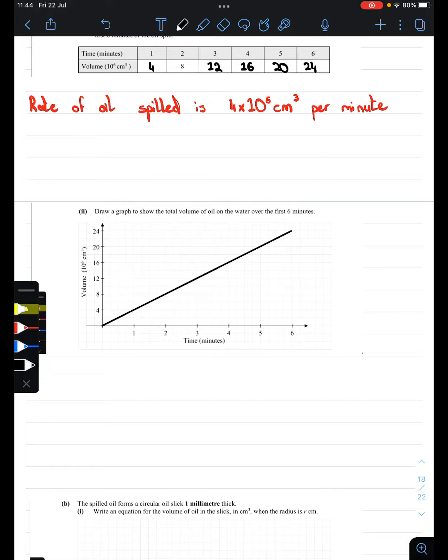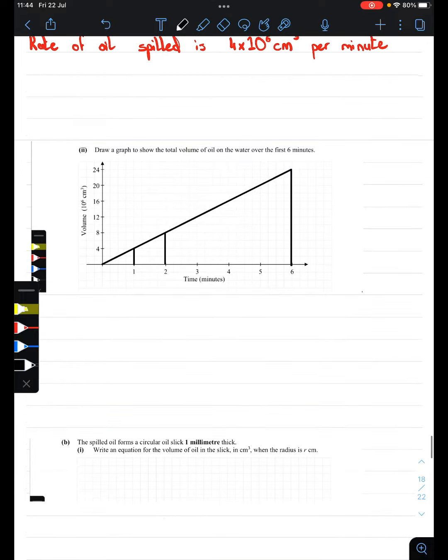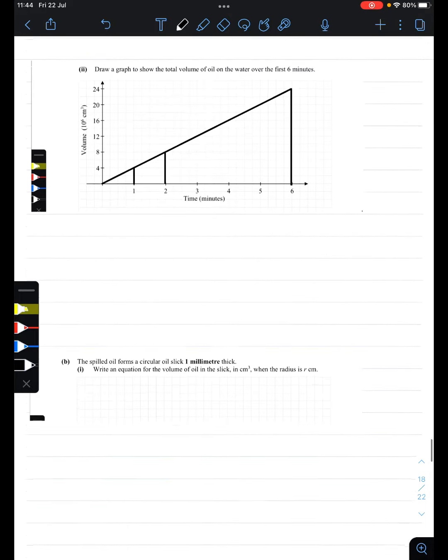After 1 minute there is 4, after 2 minutes there is 8, and so on until we have 24 by 10 to the 6 centimeters cubed after 6 minutes. Alright, very simple start to the question.